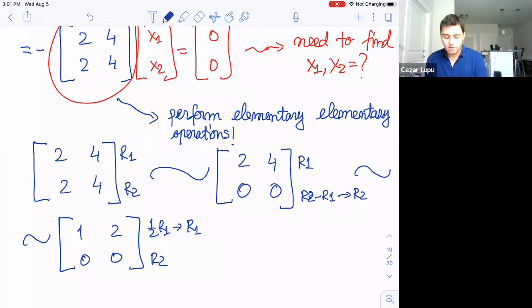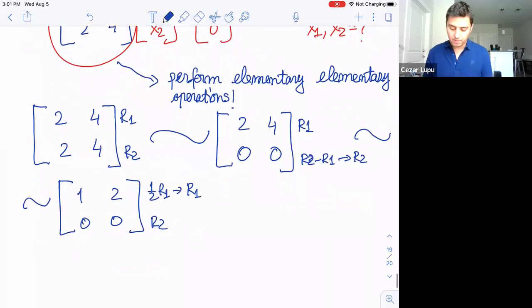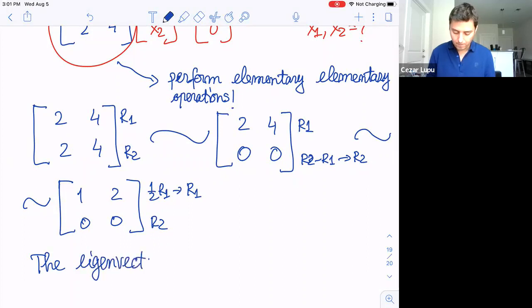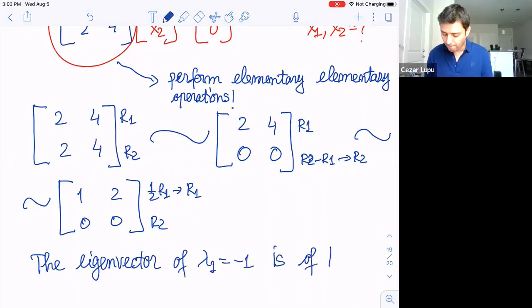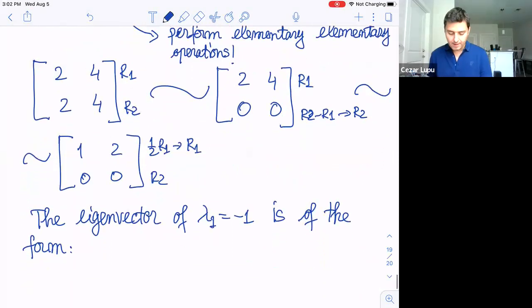And it follows that the eigenvector of lambda 1 equals -1 is of the form, let's say, t times the vector -2, 1, with t real.